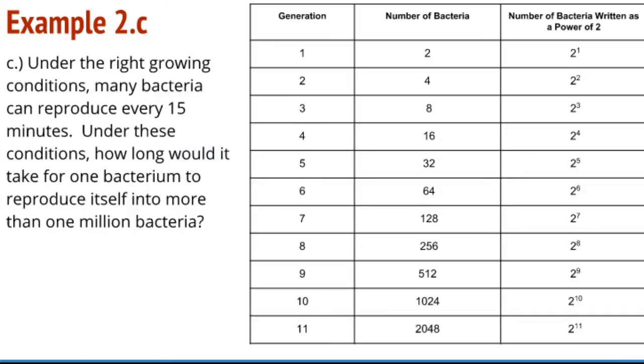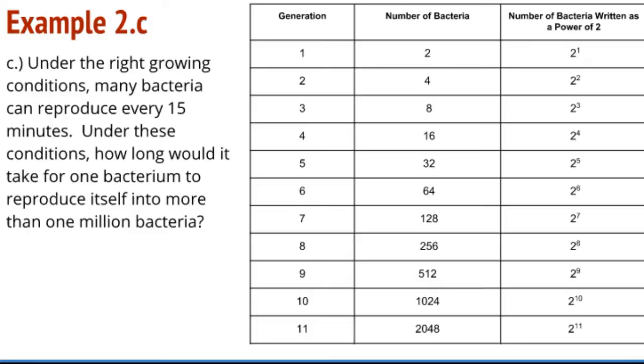Now, you might think to yourself, oh, 20 generations, that takes forever. Well, under the right conditions, many bacteria can reproduce every 15 minutes. So they are doubling every 15 minutes. Under those conditions, how long would it take for one bacterium to reproduce itself into more than 1 million bacteria?